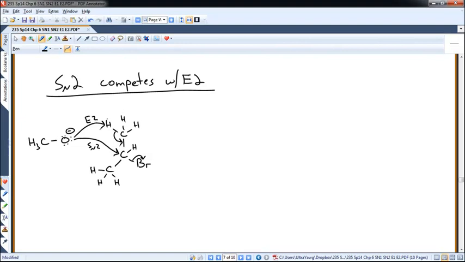And so the E2 mechanism is also possible. The thing that I want to point out here is that the difference between being a nucleophile and therefore doing SN2 chemistry is very, very close. The difference is very small, but it's very close to being a base and doing elimination chemistry. Okay, let's compare SN1.